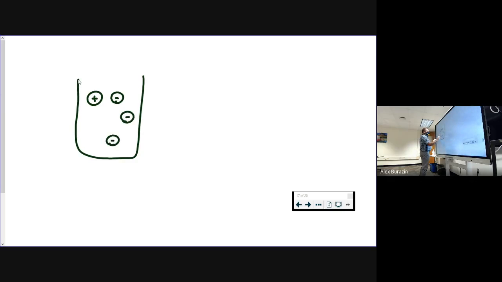I'll draw it. What the heck? I'm a great artist. That looks like that for the first beaker, right?